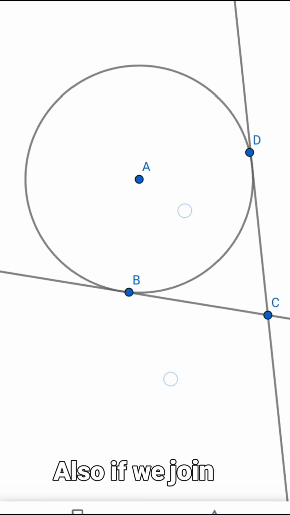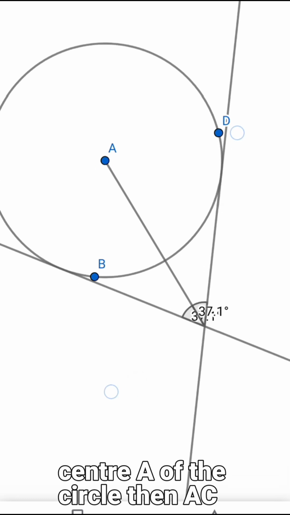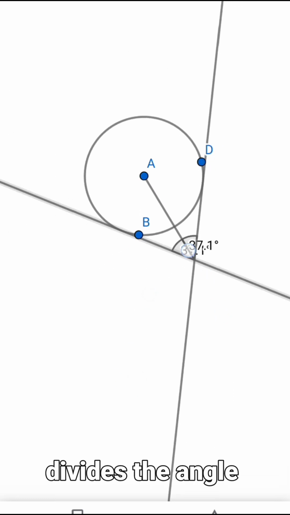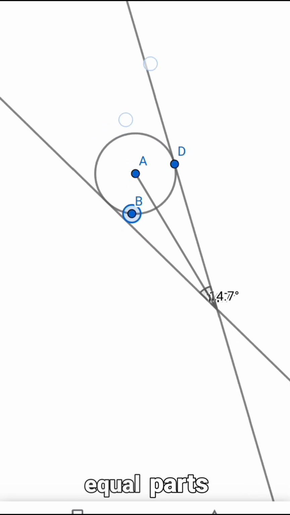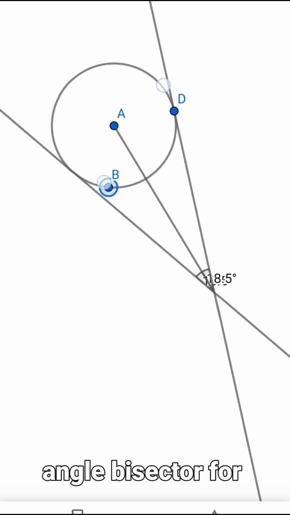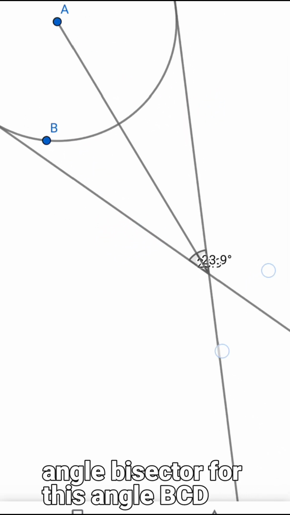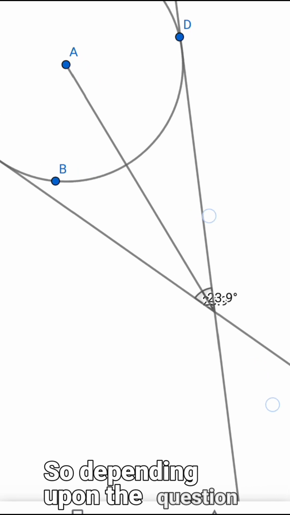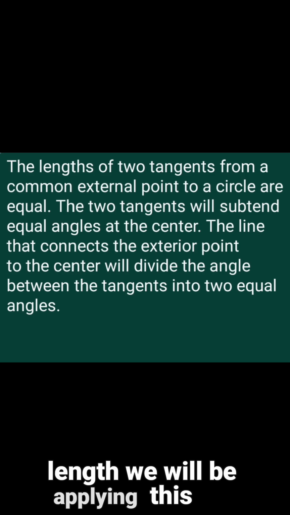Also, if we join point C with the center A of the circle, then AC divides the angle BCD into two equal parts. We can say this line AC is the angle bisector for this angle BCD. So depending upon the question asked, whether it is for angles or length, we will be applying this theorem.